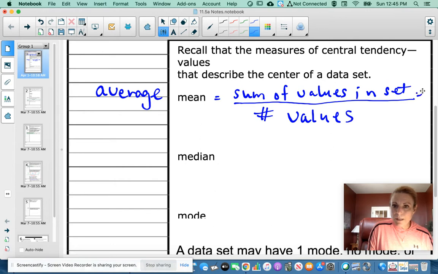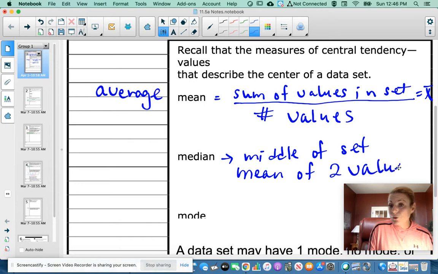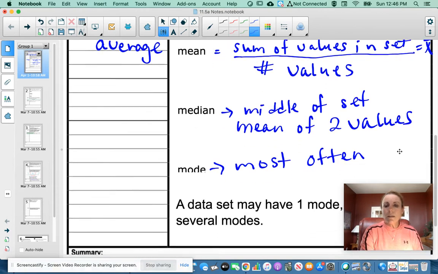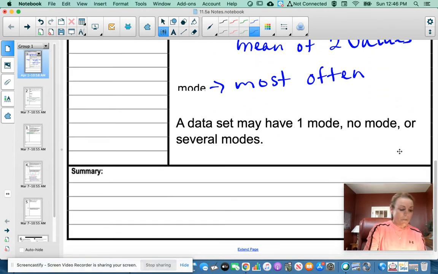Another way to write that is x with a bar over it. Median is the middle of a set, or it's going to be the mean of the two values if two of them are in the middle. And mode means most often. A data set may have one mode, no mode, or several modes.